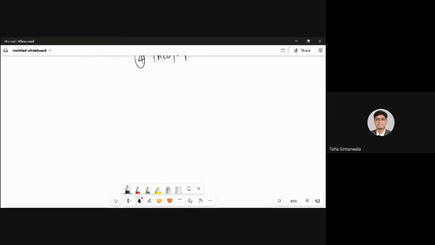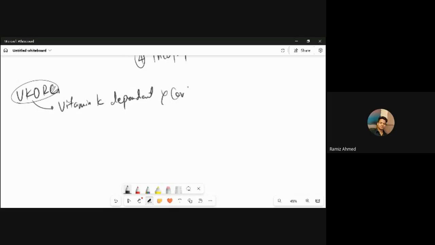Now, for warfarin. Warfarin inhibits a very specific enzyme, and this enzyme is called VKORC1. I mean, you can forget the C1 part. It's VKOR. Now, what does VKOR mean? It means vitamin K dependent gamma carboxylation enzyme. Gamma carboxylase, actually. So this is the enzyme.